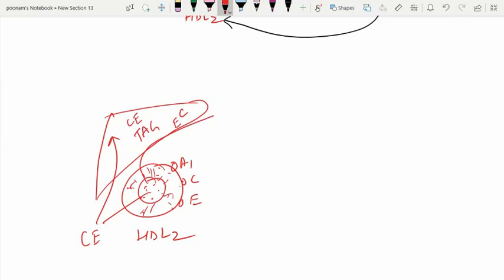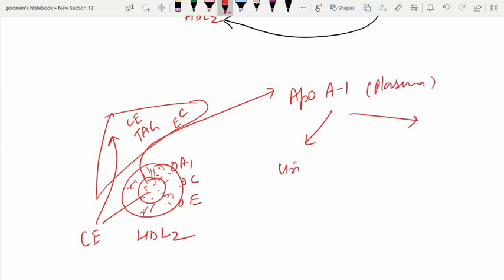And this kind of HDL2, where each and every component of it is metabolized except ApoA1, that ApoA1 escapes to the plasma, where either it is filtered out in the urine and lost from the body, or it is getting embedded in a micelle-like structure, which is very rarely found in the plasma.